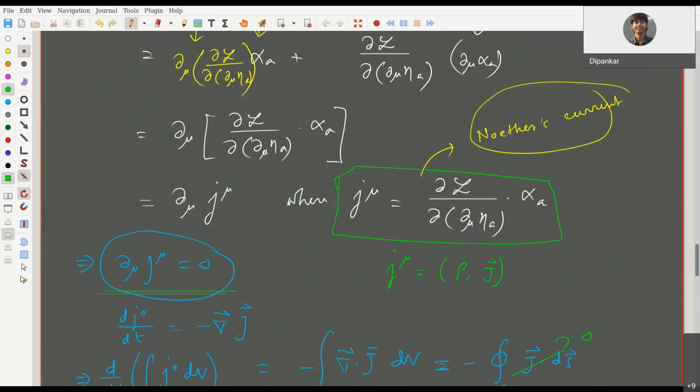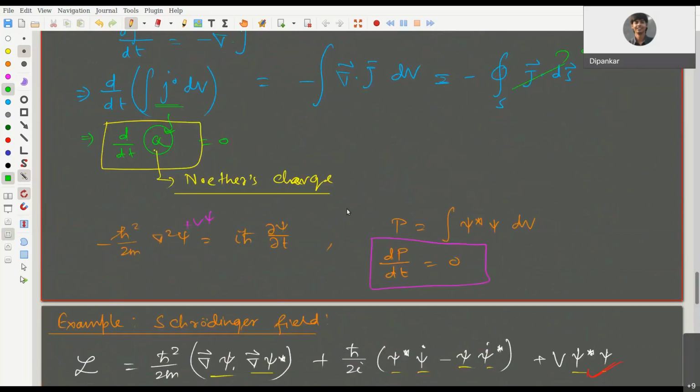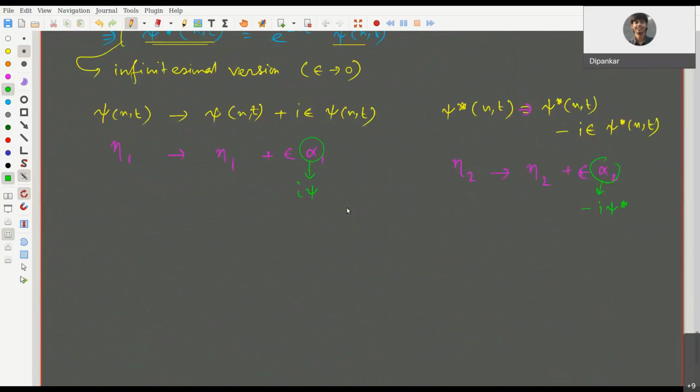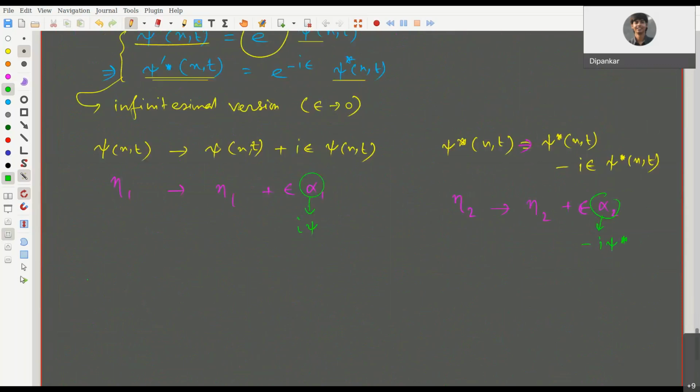Just to be illustrative, I will focus on J0, and I will leave it as homework to figure out what your J vector is. So if I now try to calculate, say, J0, J0 will be del L over del of del 0 eta 1 times alpha 1 plus del L over del of del 0 eta 2 times alpha 2.